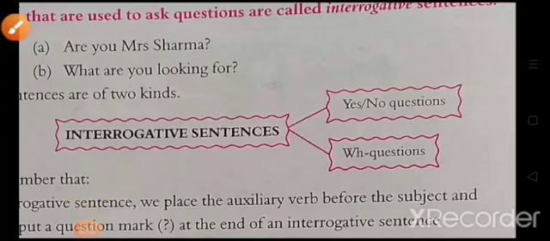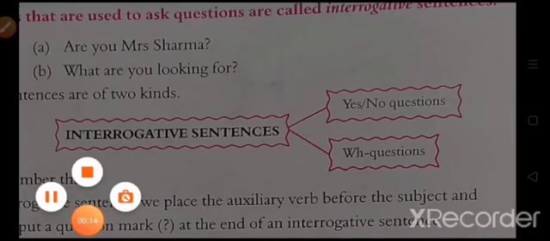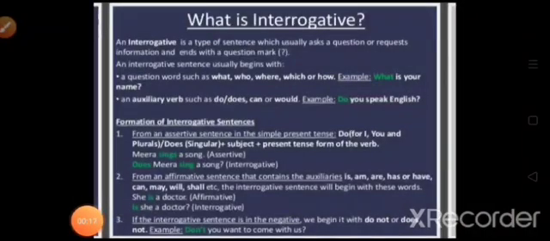After the completion of imperative sentence, today we are going to start interrogative sentences. So let's discuss what is an interrogative sentence. An interrogative sentence means a sentence that asks a question.